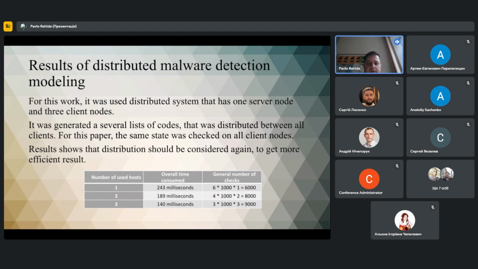So we have taken 6 different avoidance techniques, and we took some additional files that are represented as viruses, and we tried to launch them on 1 machine, 2 machines, and 3 machines.